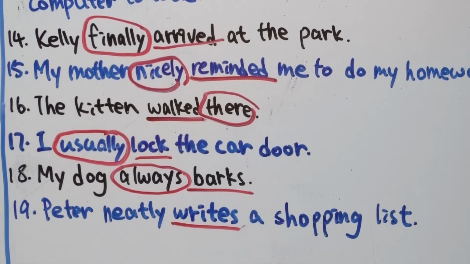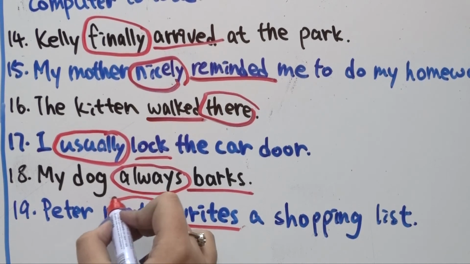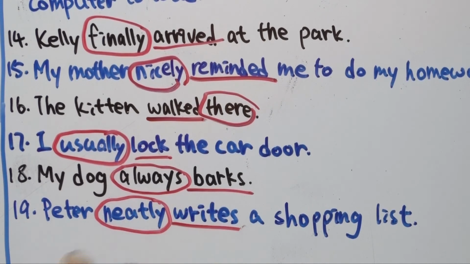And then is there any adverb that tells you about this action? Neatly or a shopping list? Neatly. Neatly means very clearly. Alright? Peter neatly writes a shopping list. Neatly tells you about this action. Alright? Check your answers.